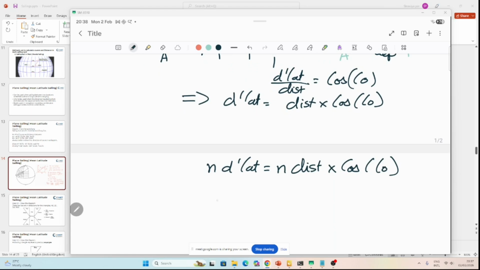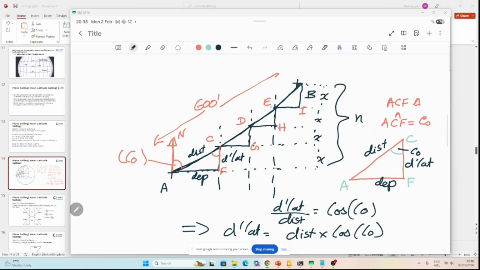So n dlat will become dlat of AB. Then n distance: since we took A and B as a flat surface, all the distances will be equal to each other.